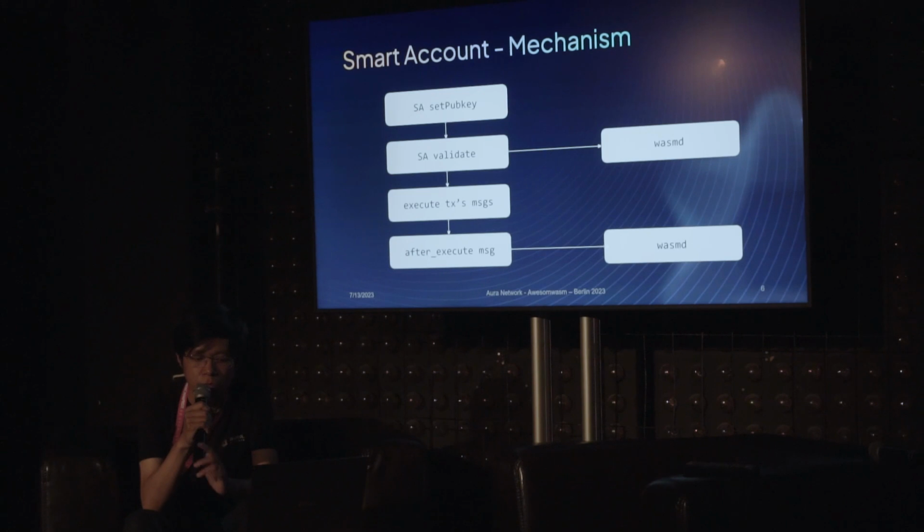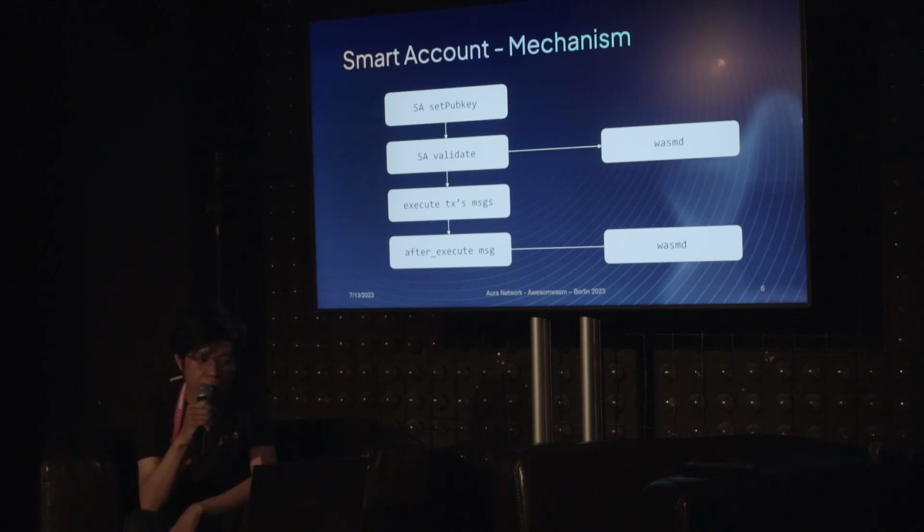It will call the corresponding smart contract and check the result. After that, it will execute the message, and then we call the smart contract again to check after the execute message. And with the pre and after execute message checks, we can do most logic.